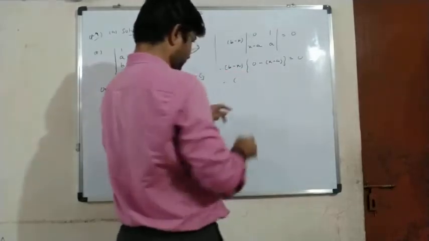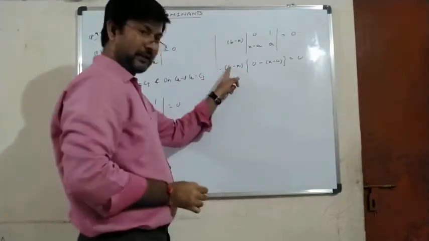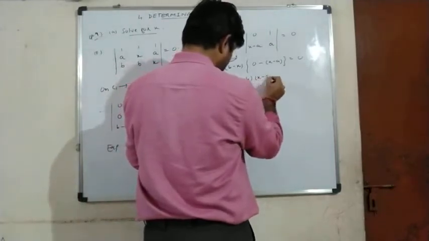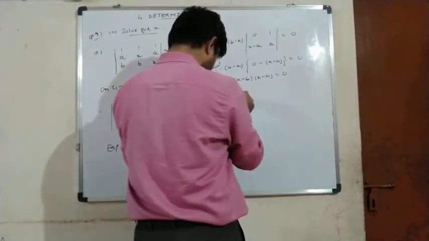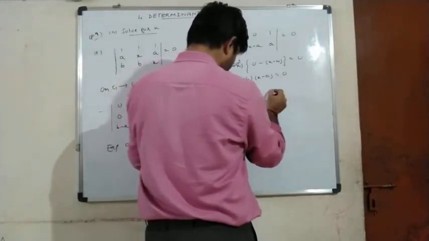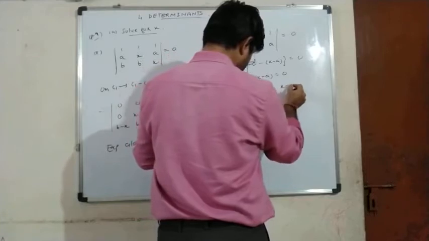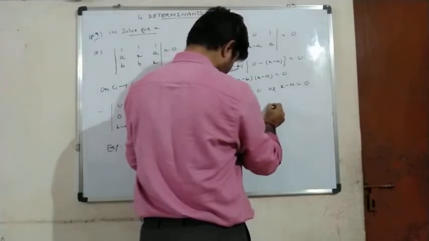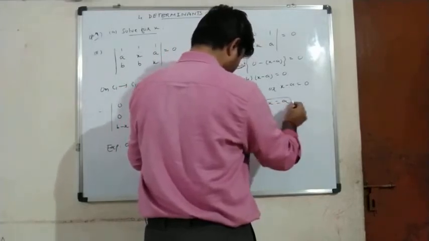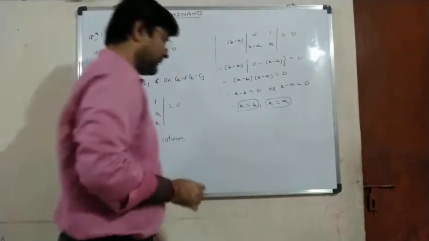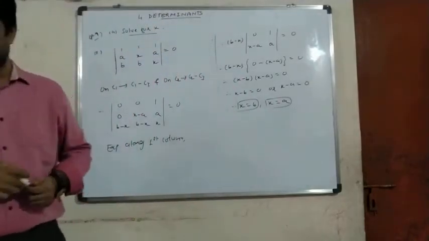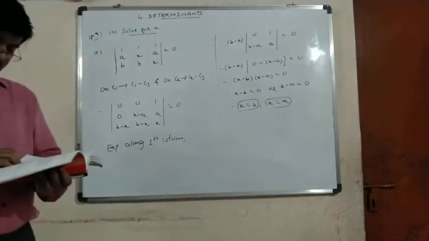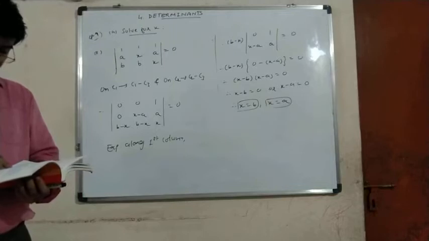Now we have a minus sign, so I can change this sign: b minus x into x minus b, x minus b into x minus a equal to 0. Therefore x minus b is 0 or x minus a is 0, so x is equal to b or x is equal to a. So we got the two values. So this was the second question of 9.